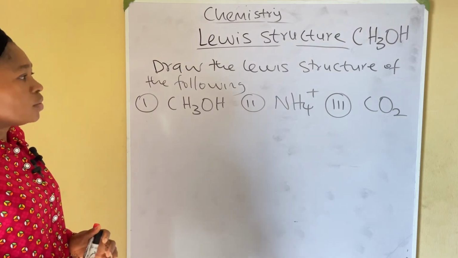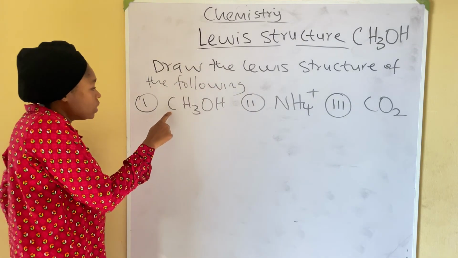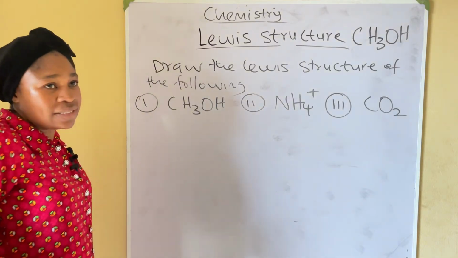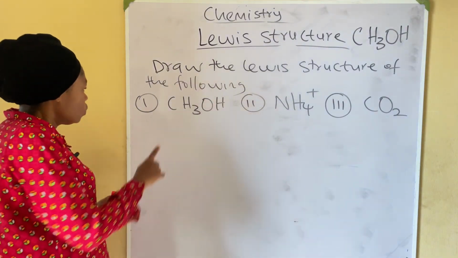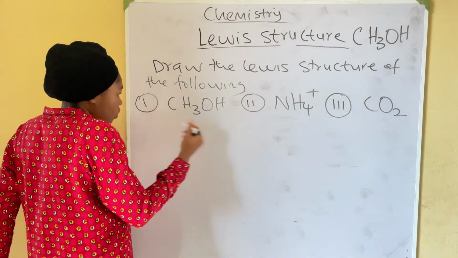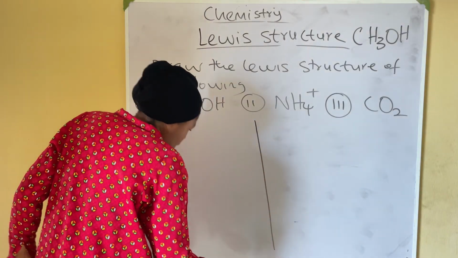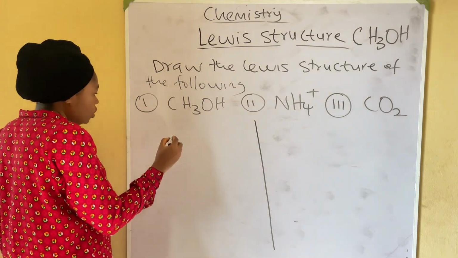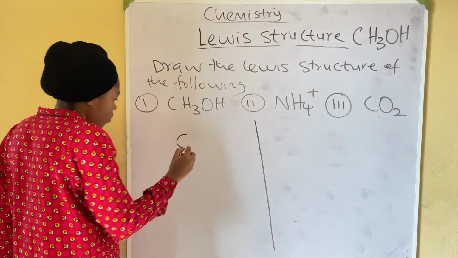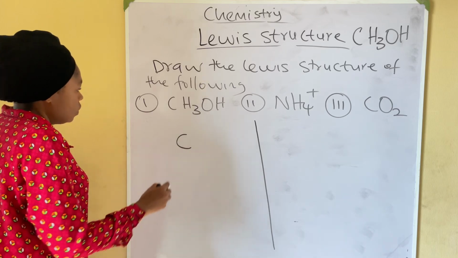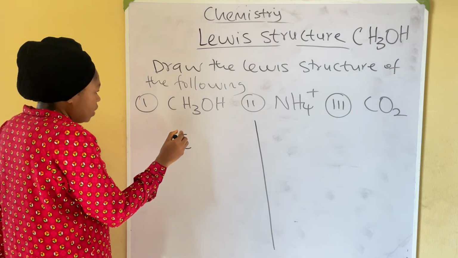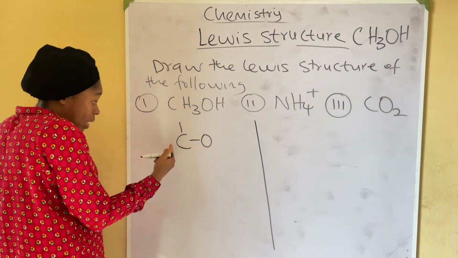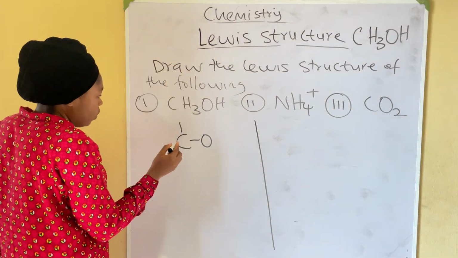Remember, number one, you make a skeleton by placing the least electronegative element, apart from hydrogen, at the center. In this case, carbon is the least electronegative apart from hydrogen, so make it the central atom. Then the oxygen you can put anywhere, the order does not matter.